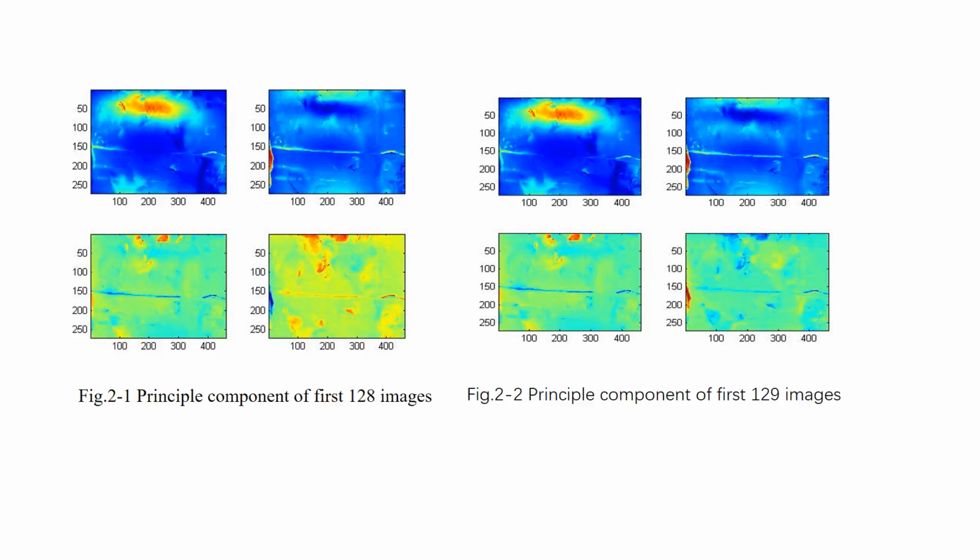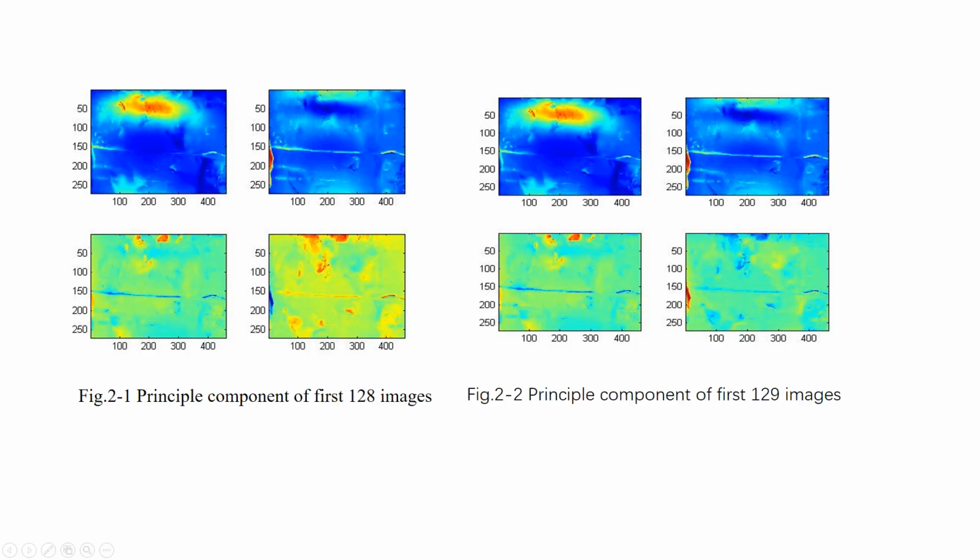Now here's the result of PCA. The first image is the principal component of the first 128 images, and the second one is the principal component of the first 129 images.